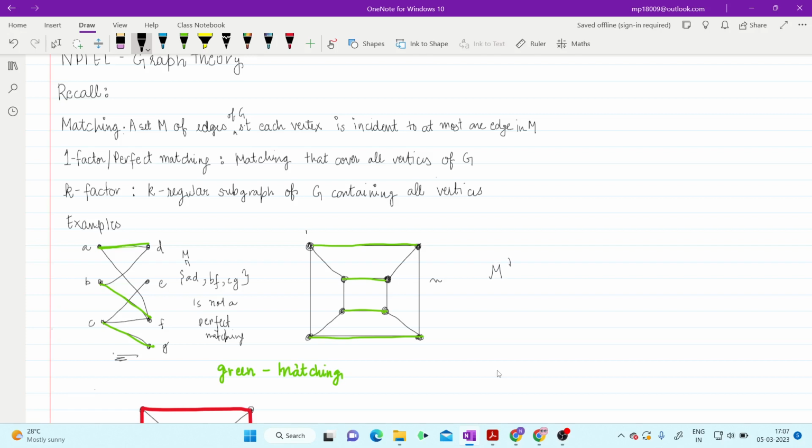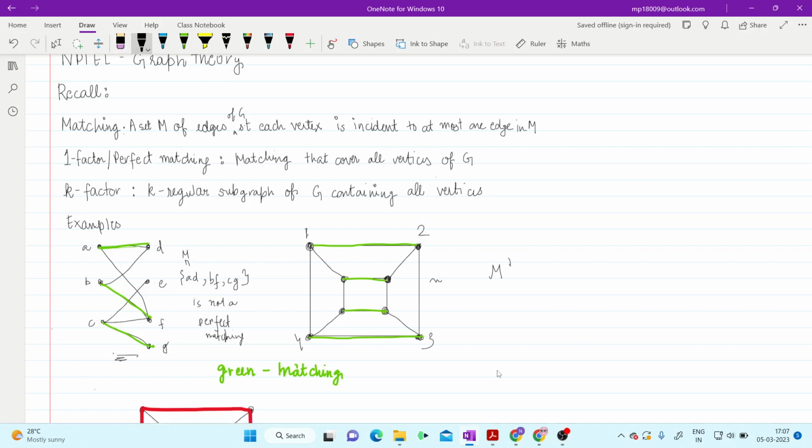If I label these vertices 1, 2, 3, 4, 5, 6, 7, 8, is there any question? Okay.